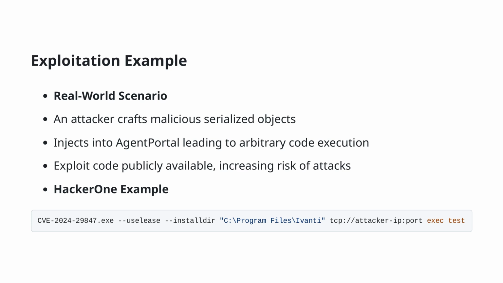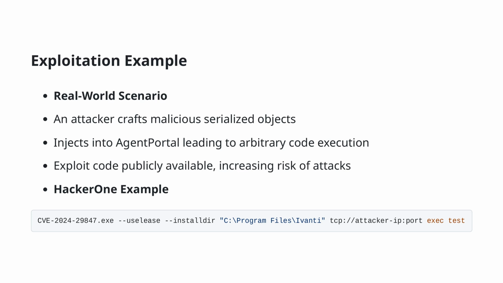The slide we see here illustrates a real-world exploitation scenario related to the vulnerability in Ivanti Endpoint Manager. The example demonstrates how an attacker can craft malicious serialized objects and inject them into Agent Portal, which then leads to arbitrary code execution. Highlighting the gravity of the situation, the exploit code for this vulnerability is publicly available, significantly increasing the risk of potential attacks.